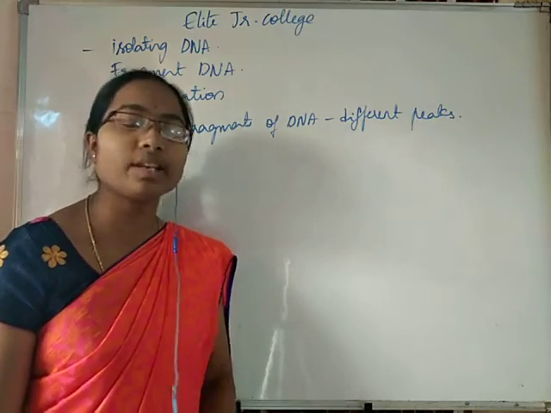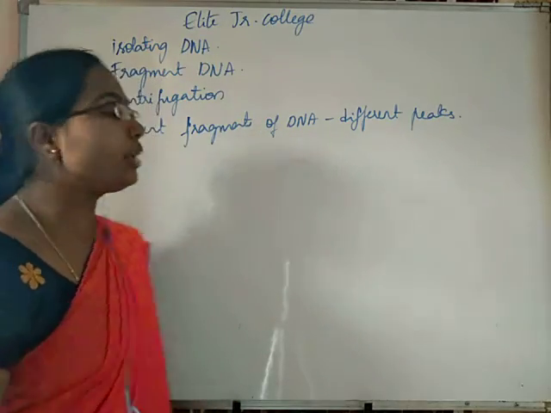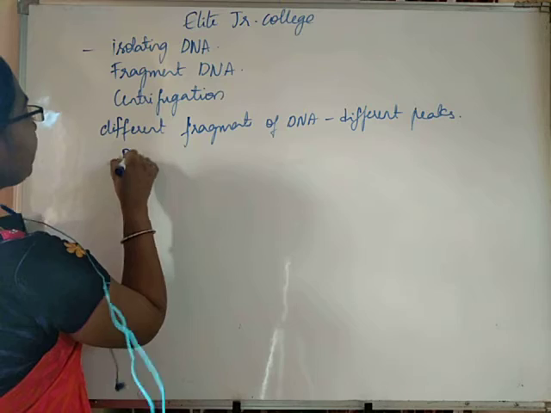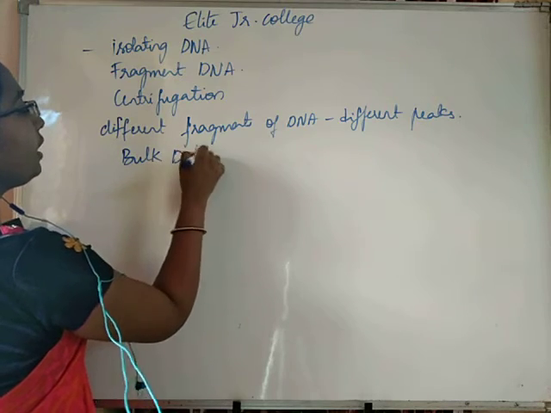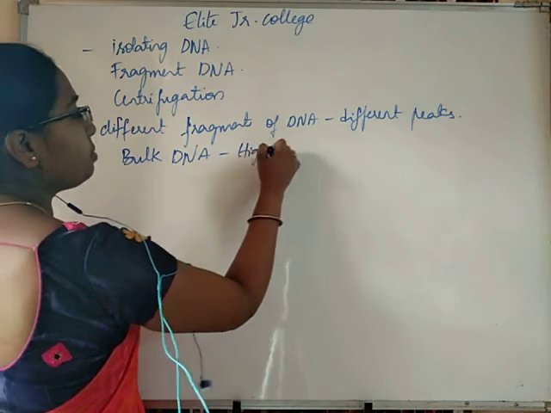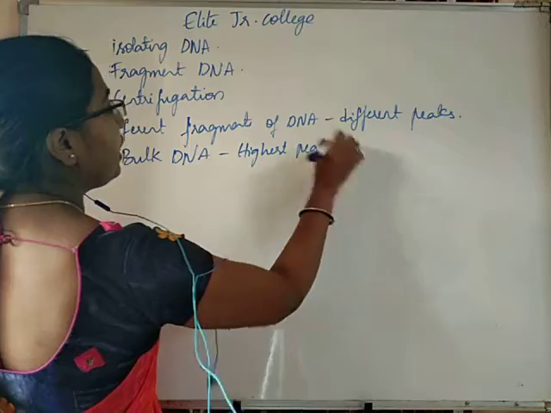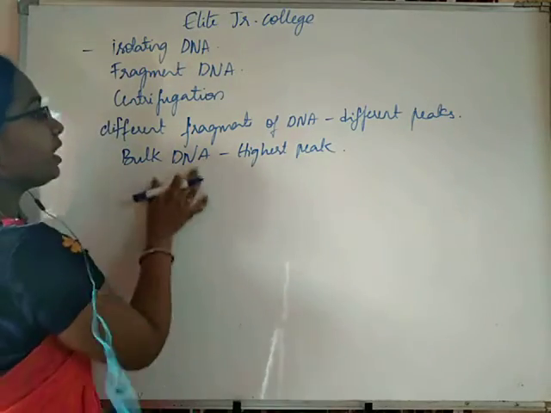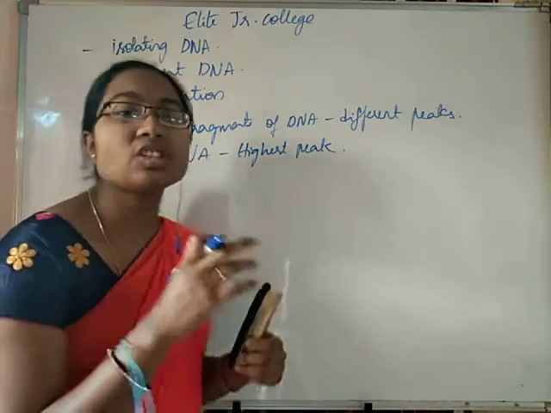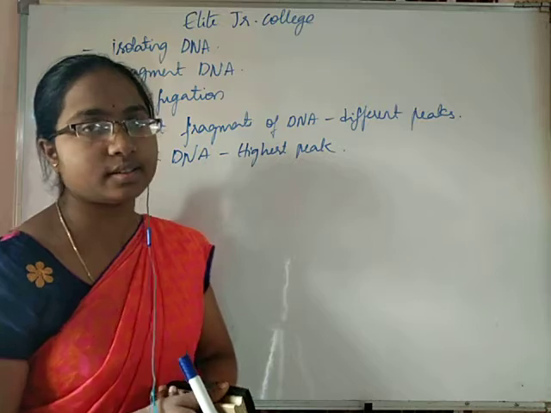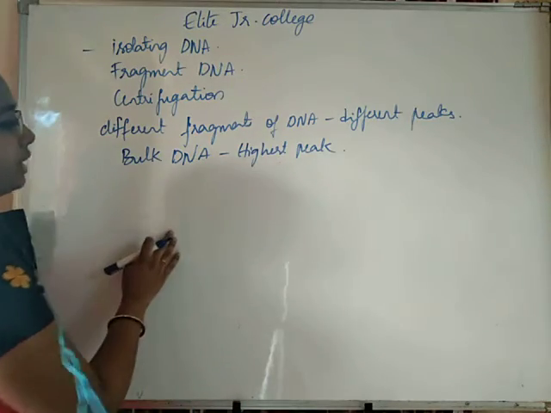The bulk DNA gives the highest peak. Bulk DNA means the major part of the DNA which is not showing any repetitive sequences. This is going to show the highest peak.